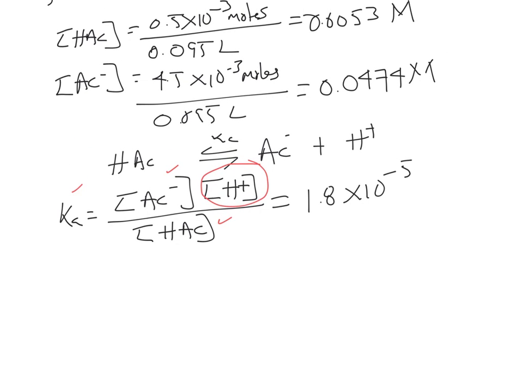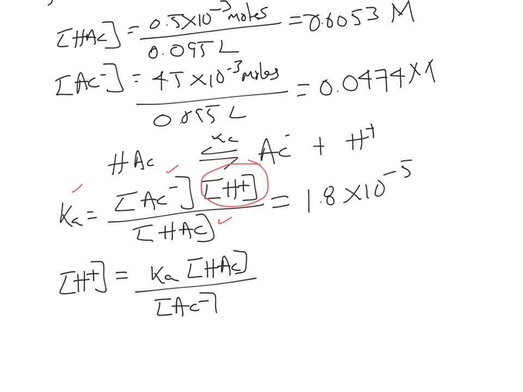So we can rearrange this equation, and we can say that the concentration of H positive is going to be equal to Ka times the concentration of acetic acid divided by the concentration of acetate.